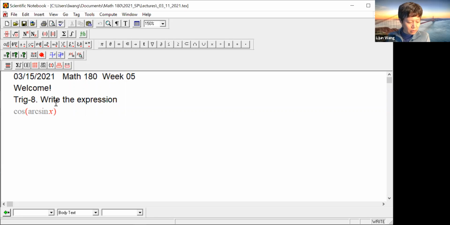This is a statement: write the expression as an algebraic expression in x. I'm not going to copy the whole sentence.